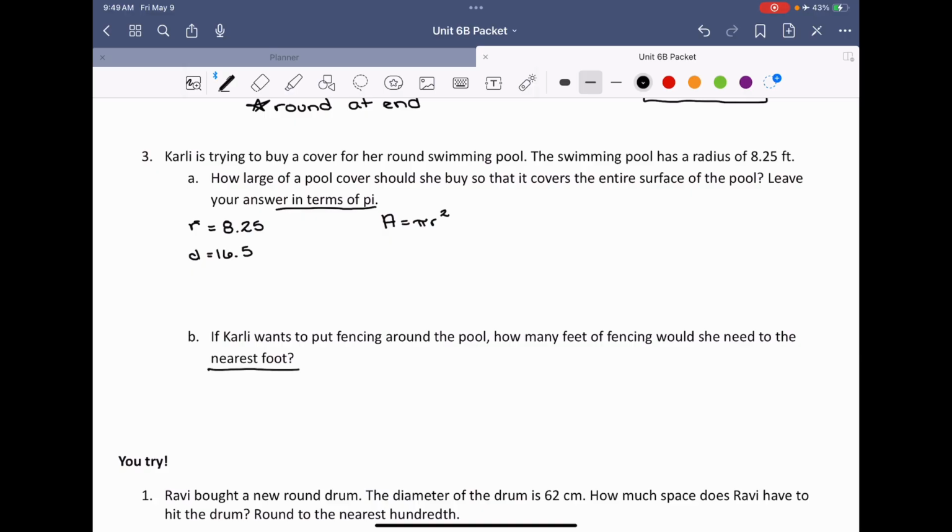I'm going to plug it in, pi times 8.25 squared. So I'm going to square that, 8.25. I'm going to get a decimal, that's okay, 68.05. And don't forget the pi. We were leaving in terms of pi, so that would be the final answer for this part.